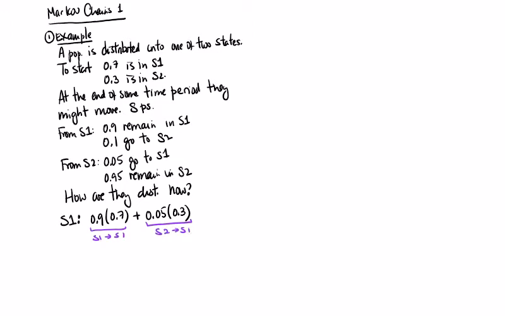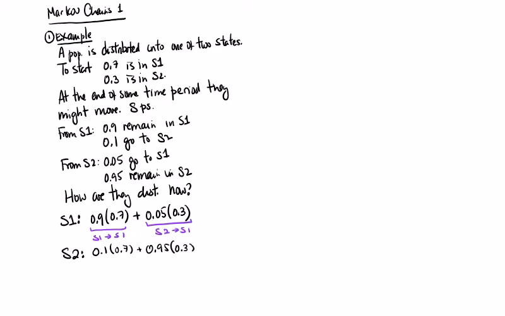So likewise, what proportion is in state 2? Well, 0.1 of the ones that were in state 1, which is the 0.7, go to state 2. And 0.95 of the ones that were in state 2 remain there.